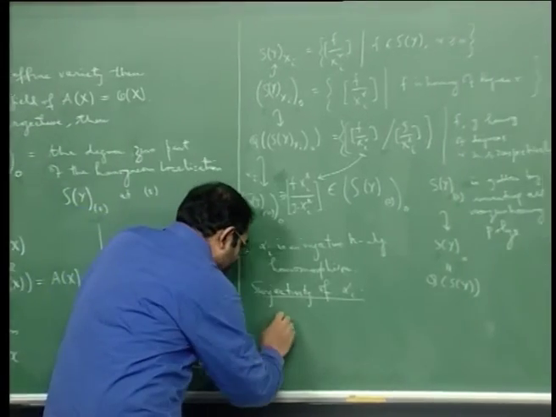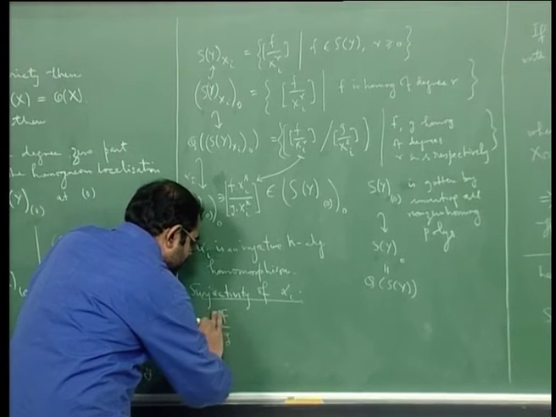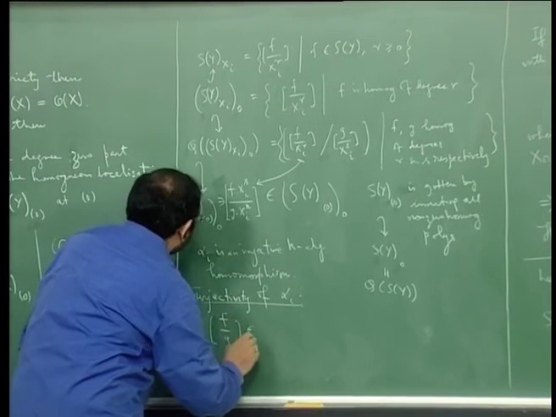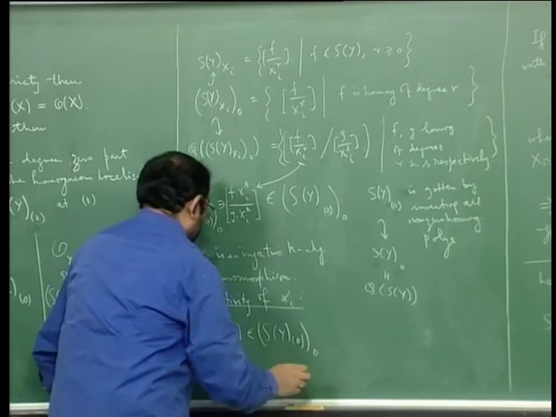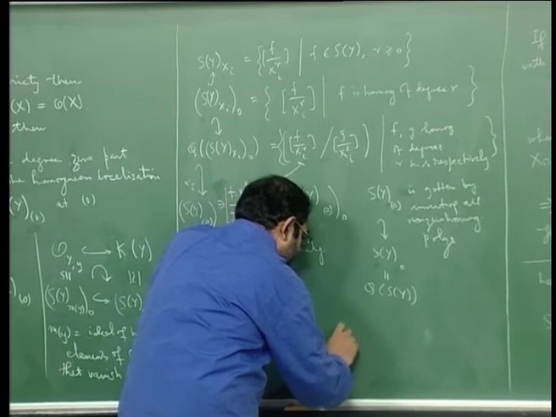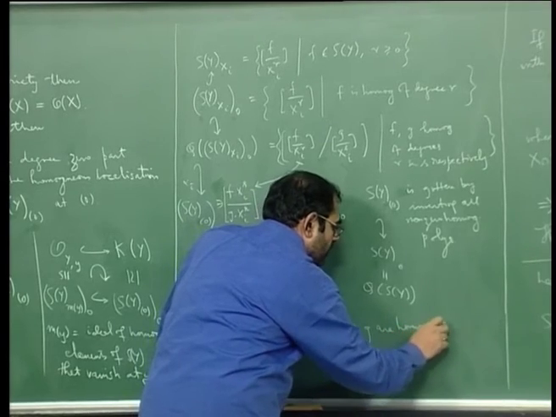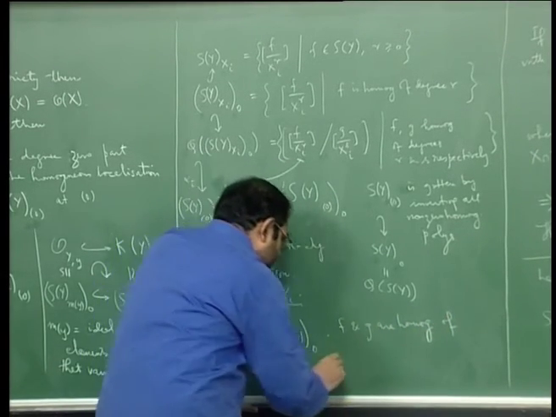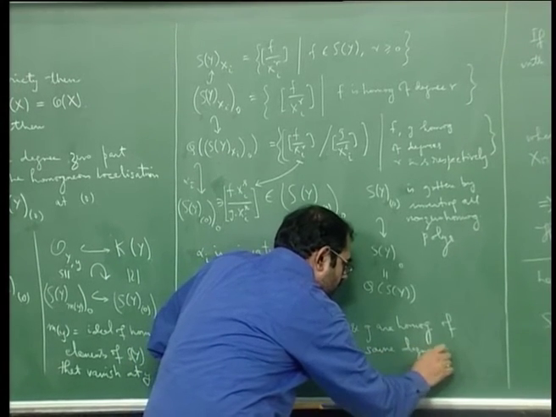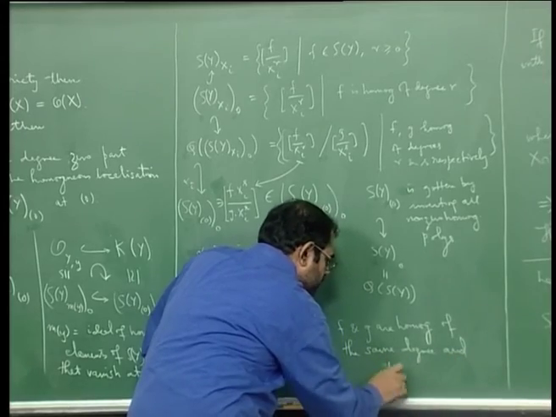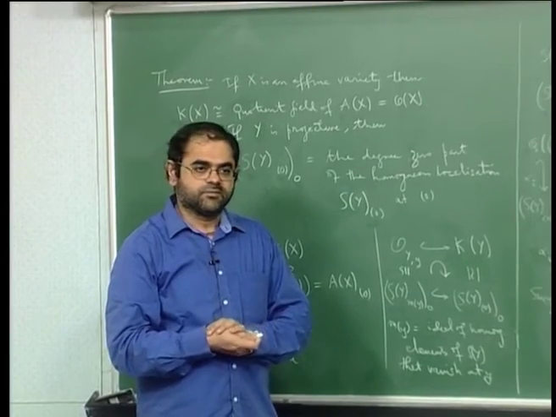So take f by g, a quotient in this, which means that f and g are homogeneous of the same degree, and of course g is not 0 because whatever you invert is non zero.